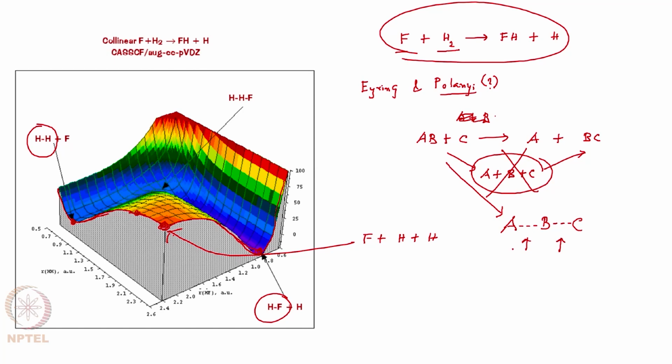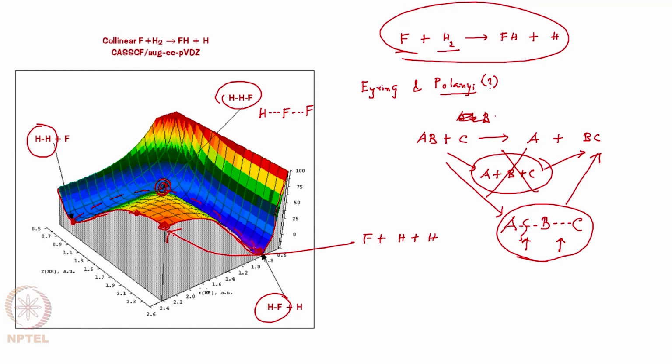So it is a partially broken AB bond and a partially formed BC bond, and then you eventually break the AB bond and form the BC bond. That structure lies somewhere here, which is shown like HHF here, but we'll use a dotted line here because it's not exactly H bonded to HF; it's a loose bonding or loose interaction.